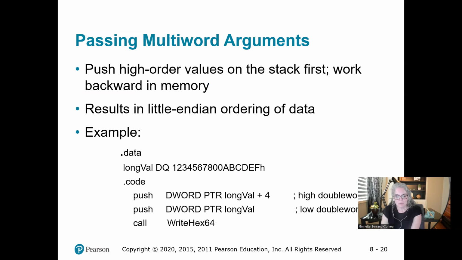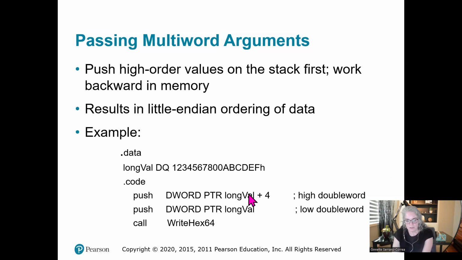Here is an example of moving multi-word arguments. You want to push high order values on the stack first, or backward in memory, resulting in little endian ordering of data. For example, if you have a double quad word, this whole hex value, it's saying that it's best to push the high double word first, then push the low double word.